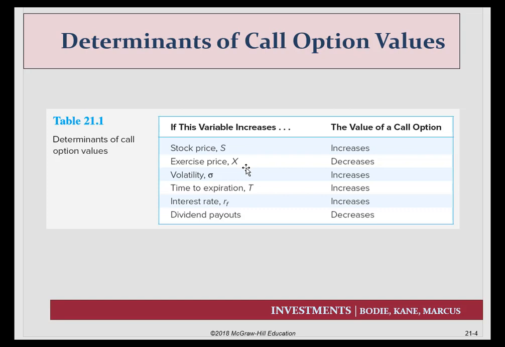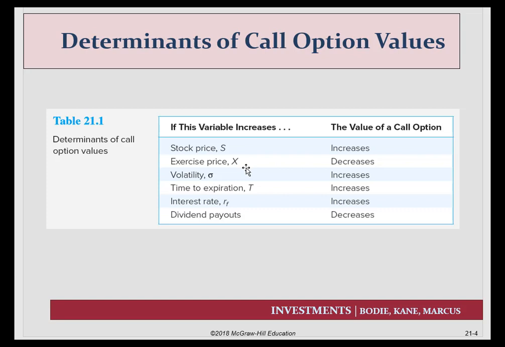Now the last two are a little bit different to think about. If interest rates go up, if the rate of return goes up, then obviously there will be an increase in value because the return in general will be more. Since there's more return available in the asset, that would have a positive influence on the value of the call.